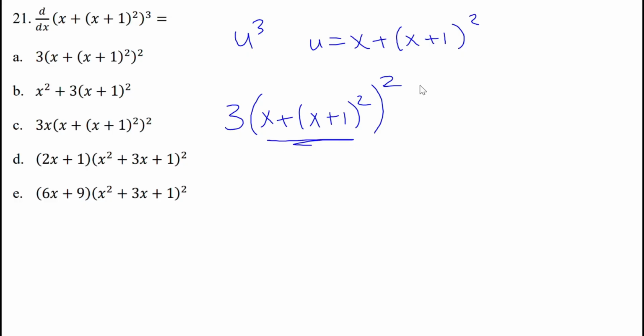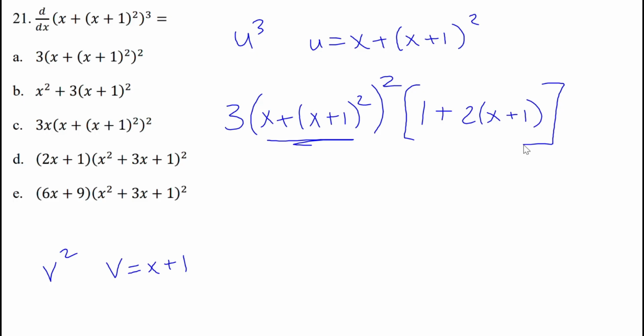Then we need to multiply that by the derivative of u. Well, the derivative of x is 1. And then the derivative of x plus 1 squared, well, that'd be like v is x plus 1, and we have v squared. So the derivative of that should just be 2 times v, 2 times x plus 1, times the derivative of v, which is just 1, so I don't really need to worry about that.